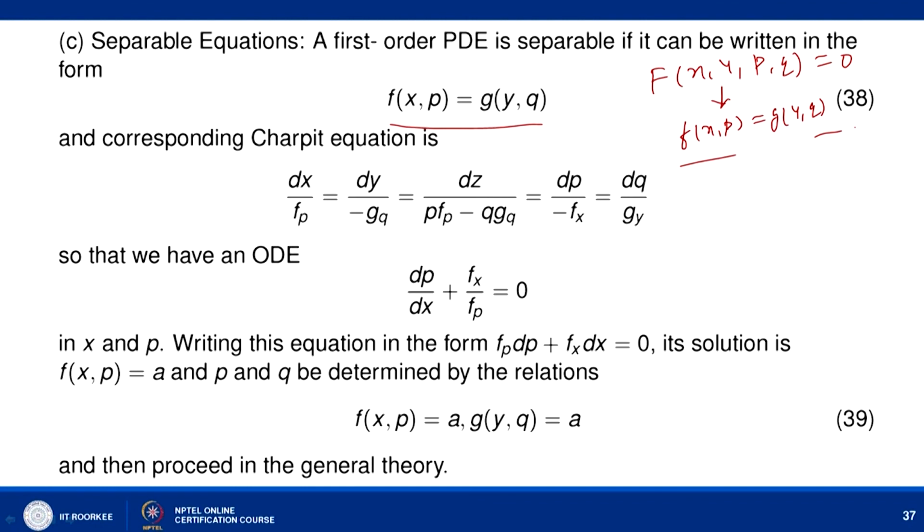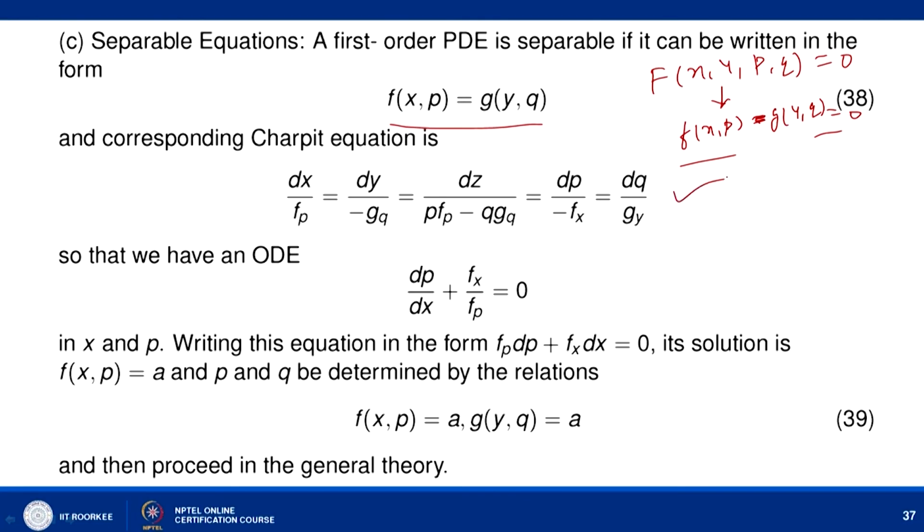Now in this case, when you write down the Charpit equation, then here dx by fp equal to dy. So here f(x,p) minus g(y,q) equal to 0, that is your f(x,y,p,q). So fx, dx by fp is nothing but small fp equal to dy upon minus gq equal to this thing.